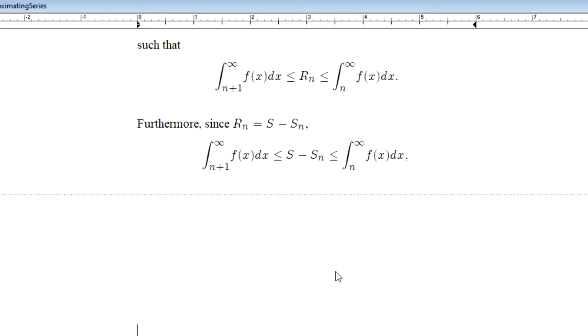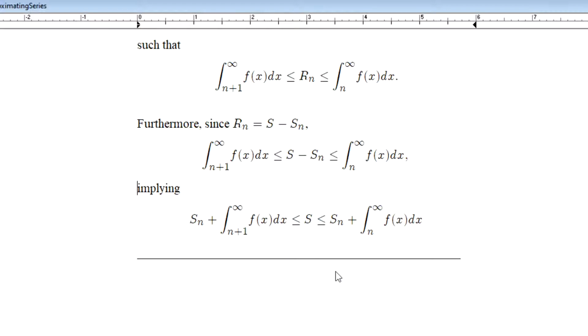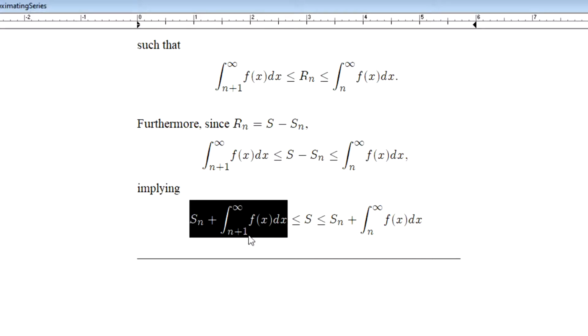This has an implication: the value of s, which we're trying to approximate, must be greater than or equal to the lower bound on the left, which is s sub n added to the improper integral from n plus 1 to infinity of f of x dx.